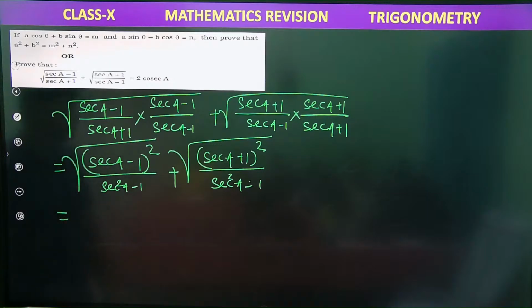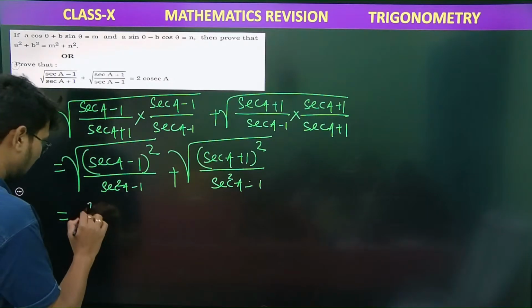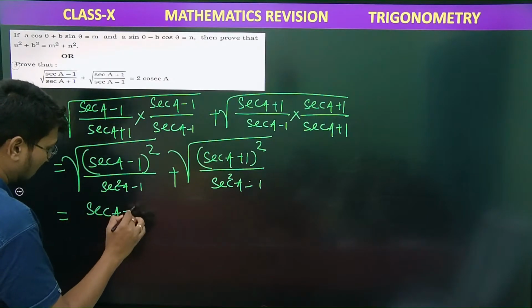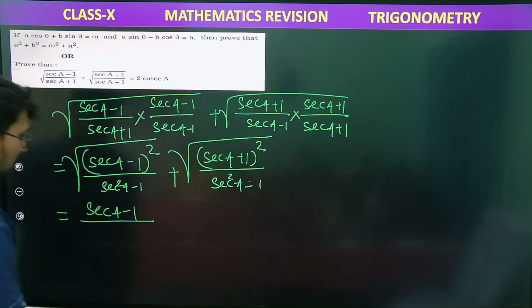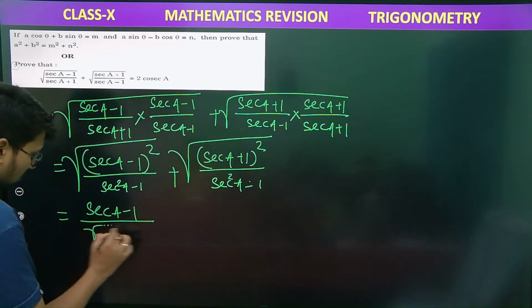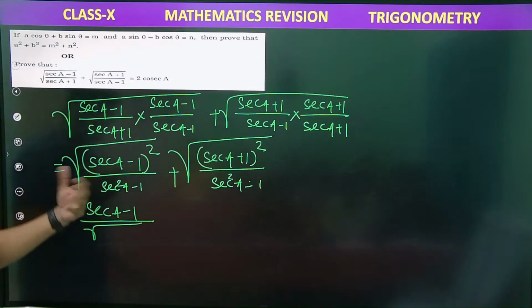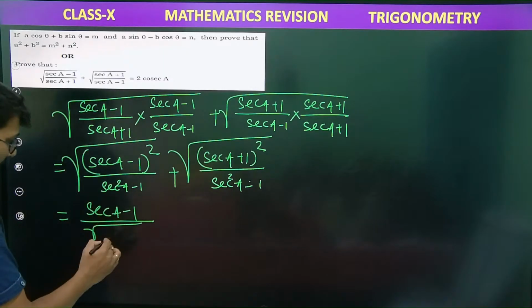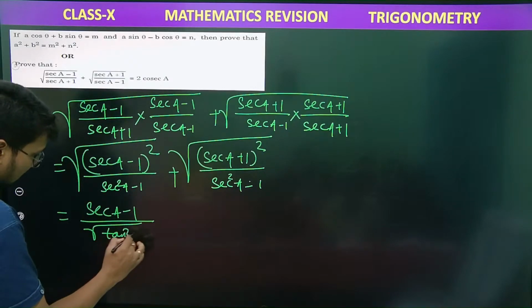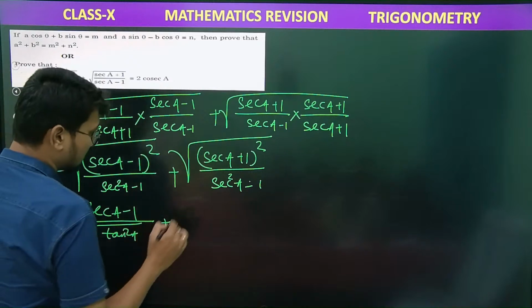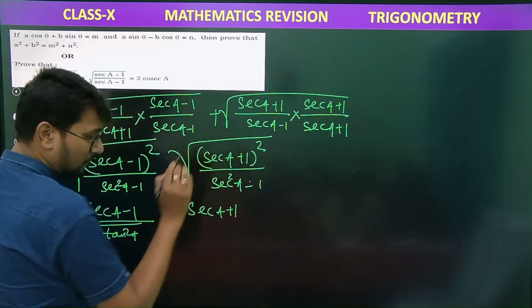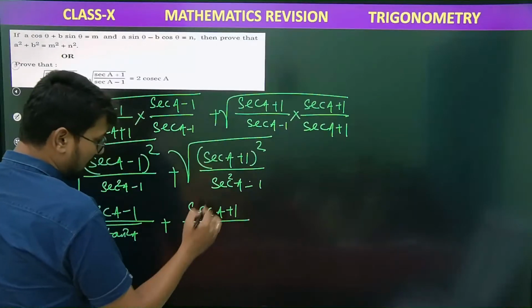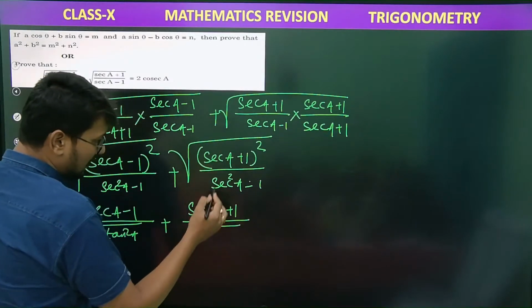So square root of numerator is how much? Sec a minus 1. And the denominator becomes, sec square a minus 1 is tan square a, plus sec a plus 1 as the square root of the numerator, divided by the square root of the denominator, what is it?